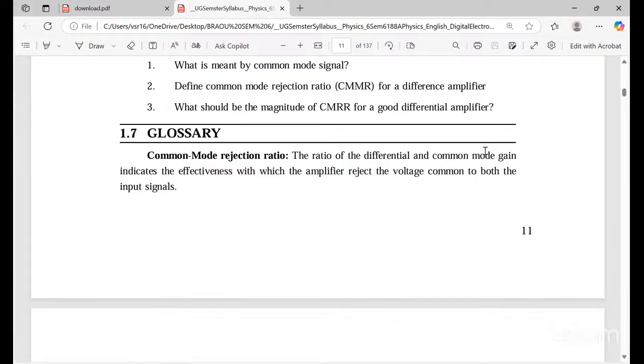Many times this question is asked as a short question: what do you mean by CMRR? The ratio of the differential and common mode gain, indicating the effectiveness with which the amplifier rejects the voltage common to both the inputs.